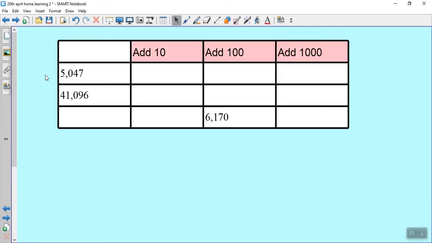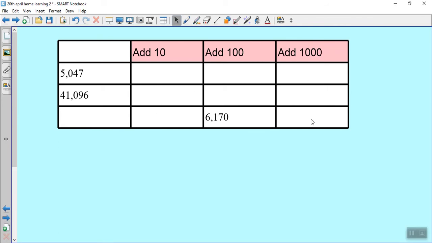Okay, similar sort of thing, it's just set out a little bit differently. So my starting number is 5,047. I need to add 10, add 100 and add 1,000. Here I've got 41,096. I need to add 10, add 100 and add 1,000. And here I've got a number, and when I add 10 to it, my answer's here. When I add 100 to it, my answer's here.